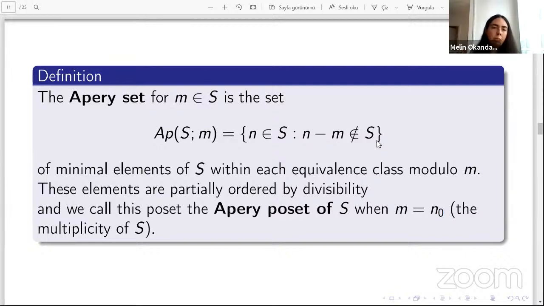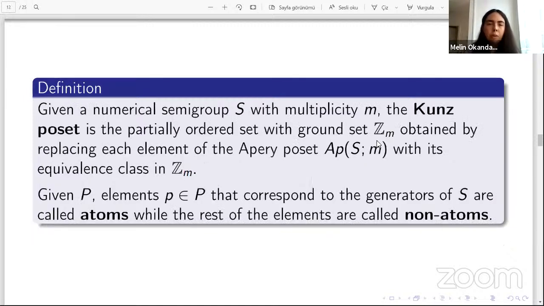These elements are partially ordered, and if we call this poset the a priori poset of S, then M is the multiplicity. In the further pages, we will see it in a picture, and it will be a lot easier to think of them. But before doing that, let us define what the Kunz poset is.